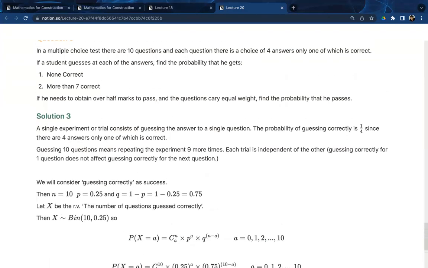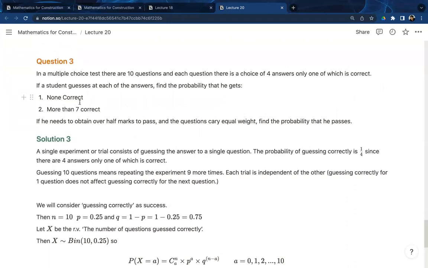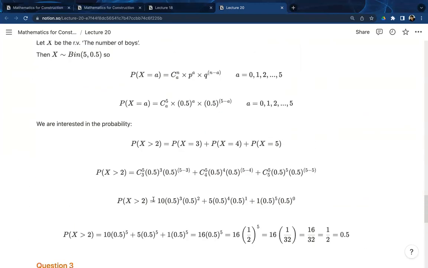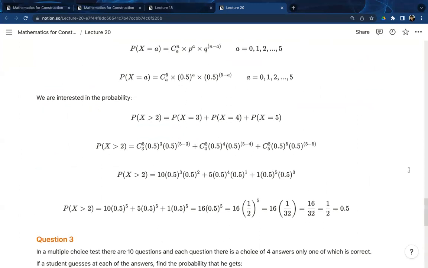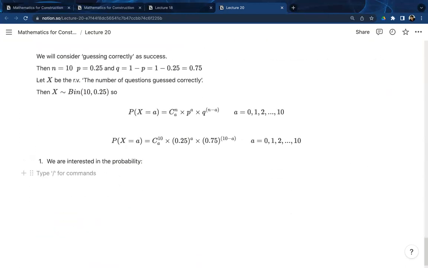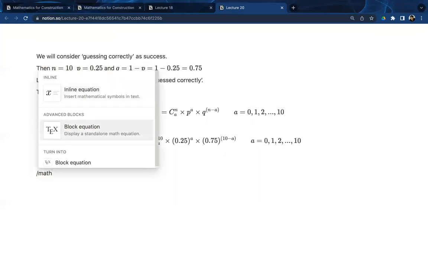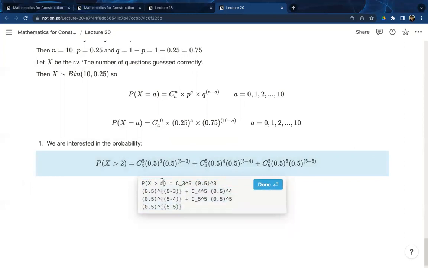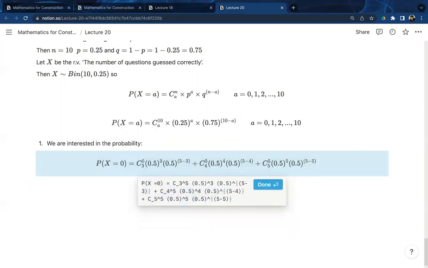So you're interested in the probability of what? They say none correct, right? You get no question correct. It means you get all of them wrong. So that is the probability that X is equal to 0.